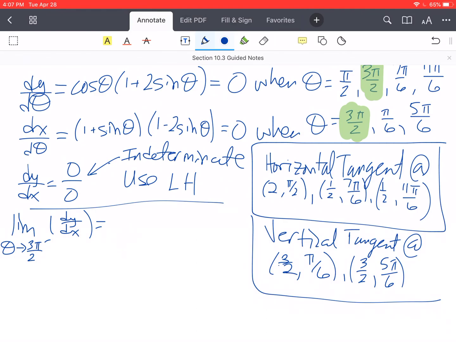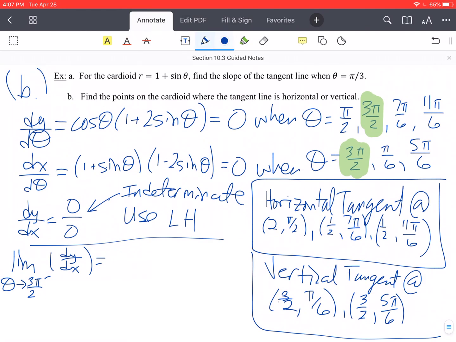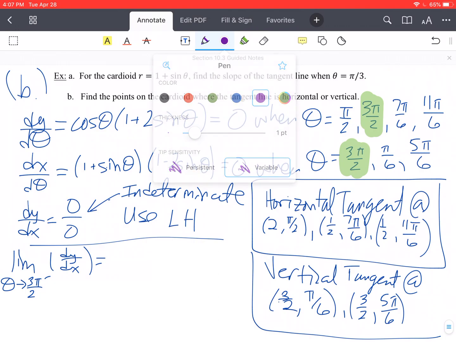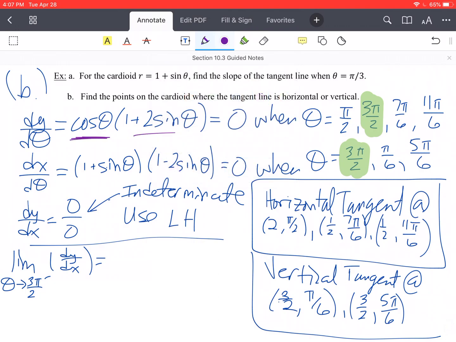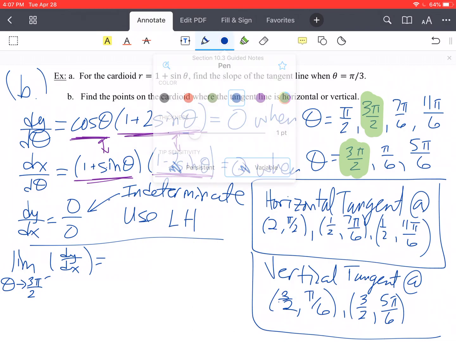So we're going to split this into two limits here, because our dy dx, notice the numerator, the dy d theta, has this piece times this piece. Denominator has this one times this one. So what I'm going to do is group these two together, and group these two together, and split up the limit across that product.